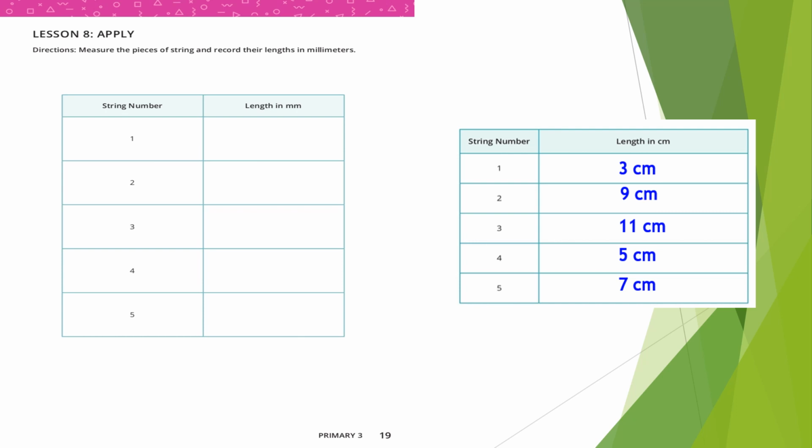Don't forget we said that 1 centimeter equal 10 millimeter. So 3 centimeter will be 30 millimeter, 90 millimeter, 110 millimeter, 50 and 70. To each number we added a 0.